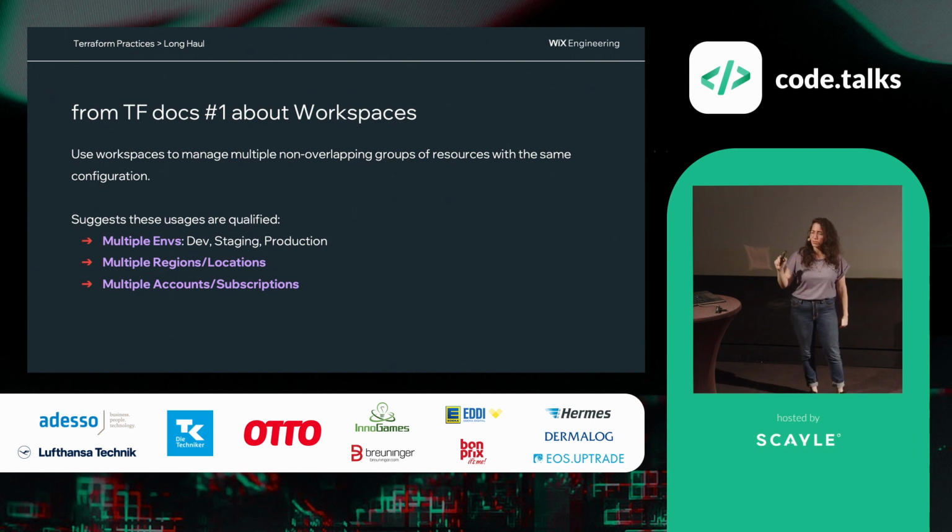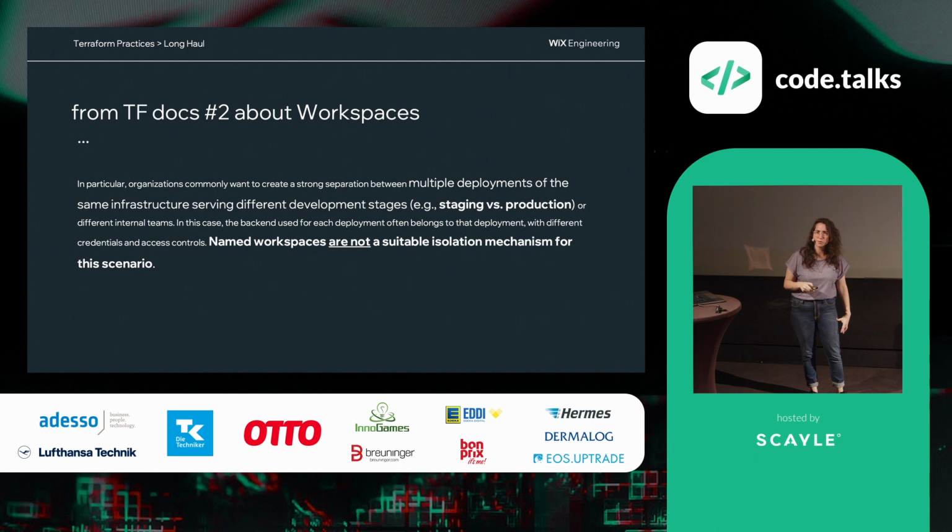Just from the documentation, it says basically that these usages are OK, like for multiple environments and multiple regions, stuff like that. But also from the documentation, they said that for multiple deployments of the same infrastructure serving different development stages, staging versus production, like the example showed, that it is good to use Workspaces for, then named Workspaces are not a suitable isolation mechanism for this scenario.